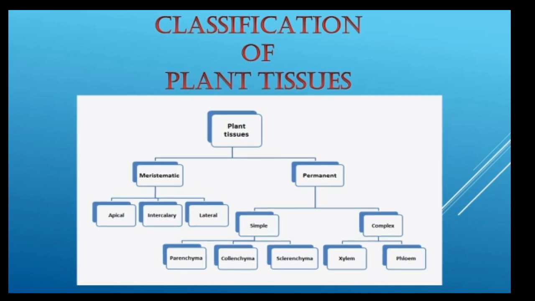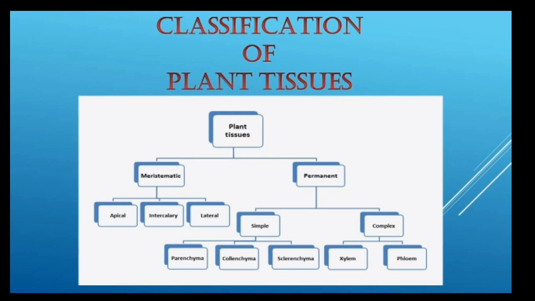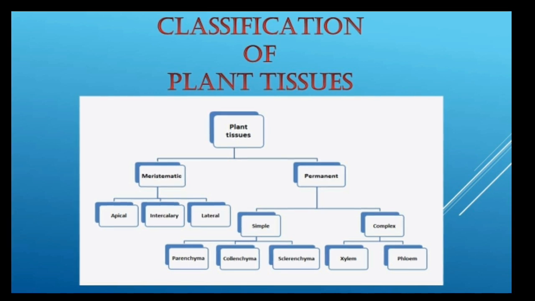On the other hand, permanent tissue is again divided into two types, that is simple permanent tissue and complex permanent tissue. Simple permanent tissue is again divided into three types, that is parenchyma tissue, collenchyma tissue and sclerenchyma tissue. Complex permanent tissue is again divided into two types, that is xylem and phloem.